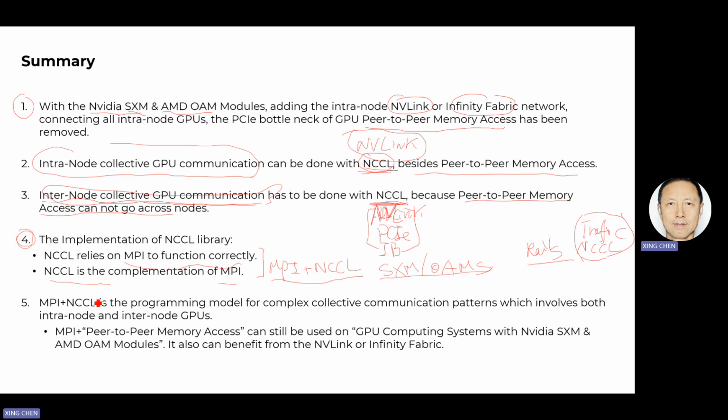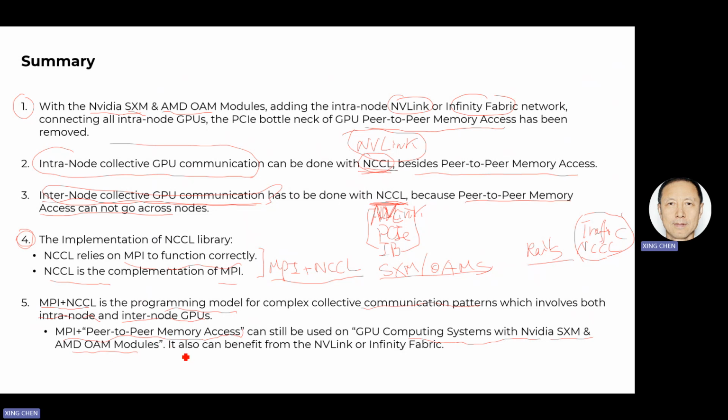And the summary is that MPI plus NICO is the programming model for complex collective communication patterns, which involve both intra-node and inter-node GPUs. Okay, so MPI plus peer-to-peer memory access, the programming model for traditional GPU computing systems with PCIe adapters, can still be used on this generation of GPU computing systems with SXM and OEM modules.